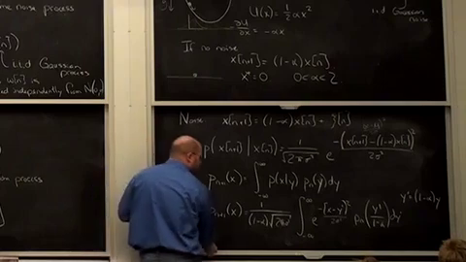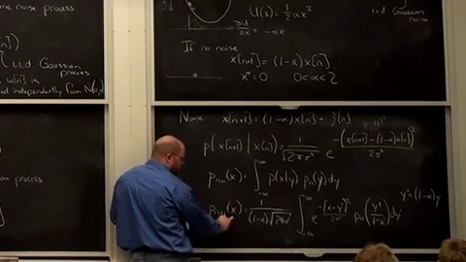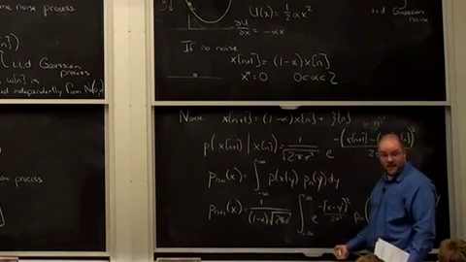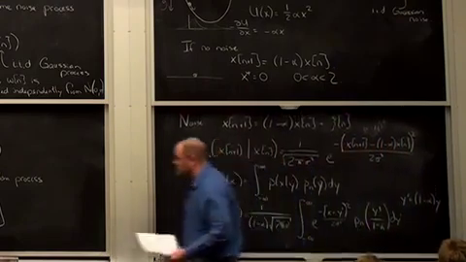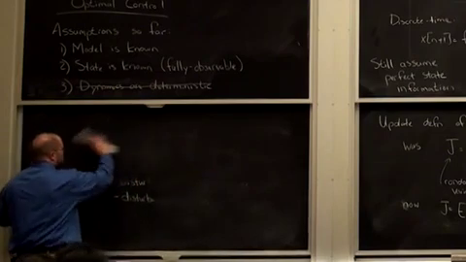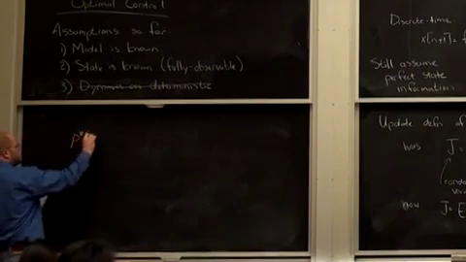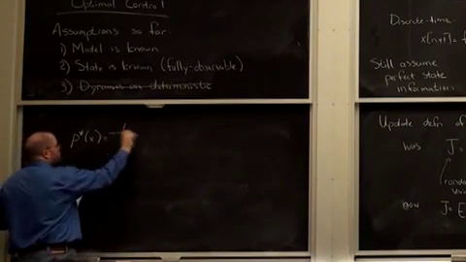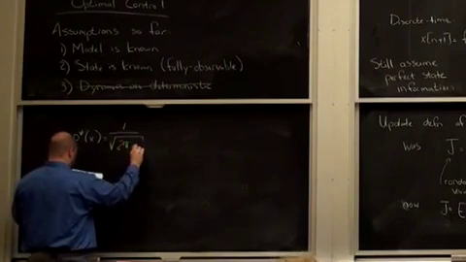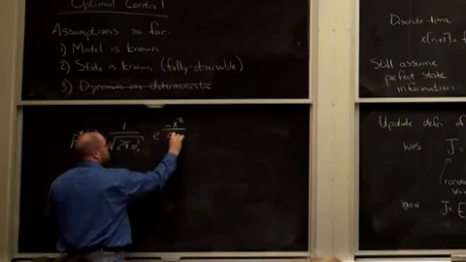And it turns out, for instance, if I guess that the steady state is a Gaussian form, and I look for a place where this and this can possibly be the same function, if I want to look at the steady state of this dynamics, then I find that P star of x is 1 over square root of 2 pi sigma 0 squared e to the negative x squared over 2 sigma 0 squared.